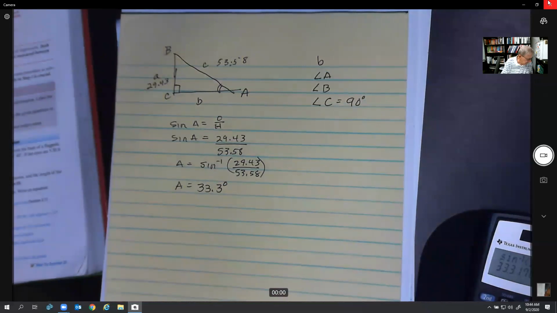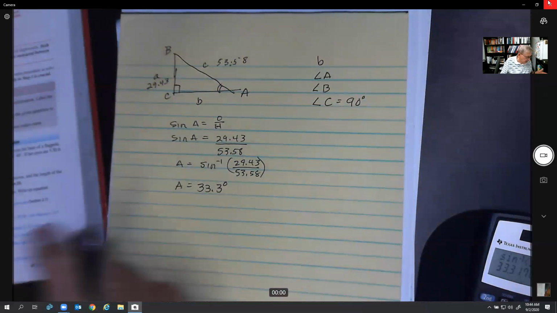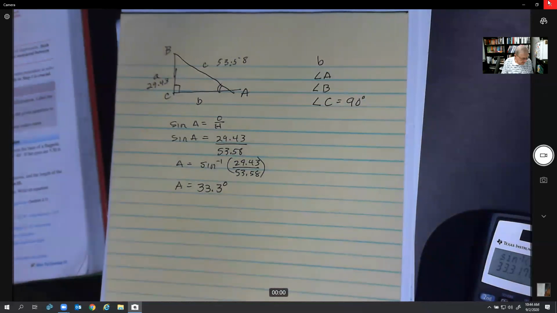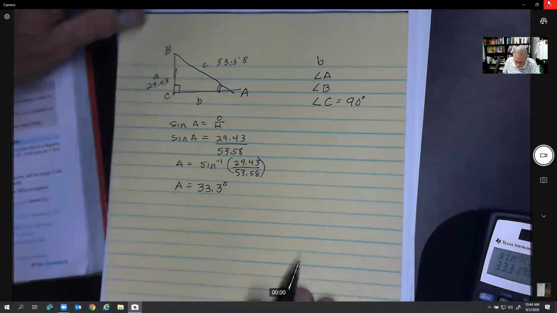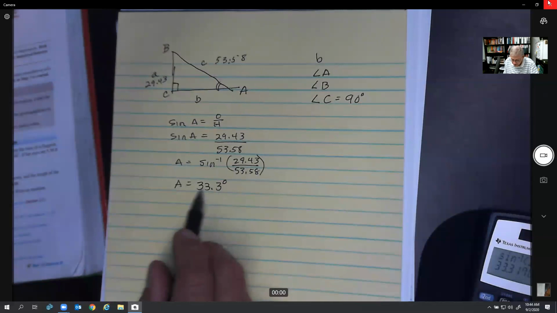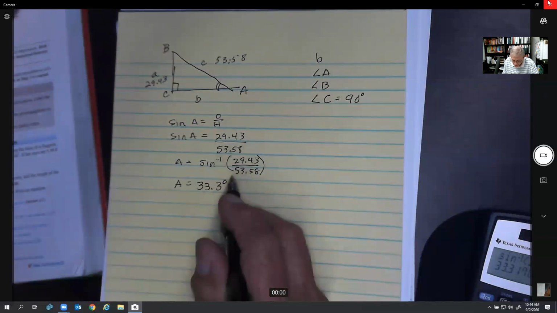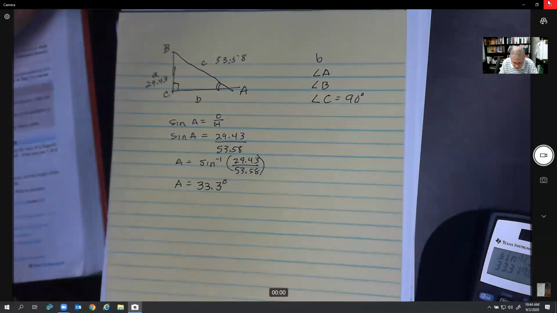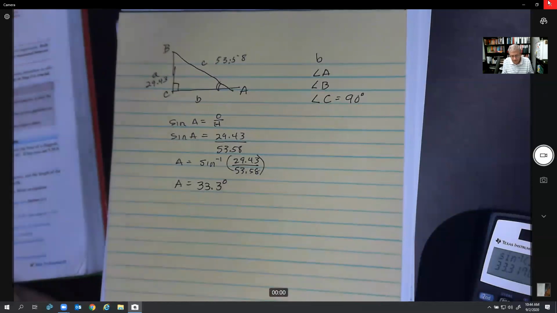Well, they came up with 33. We want to keep this in decimals. 33.3 degrees is good. If you want to put 33.32, it didn't say to calculate in degrees and minutes, so if it doesn't ask you, just do it in degrees and use a decimal.